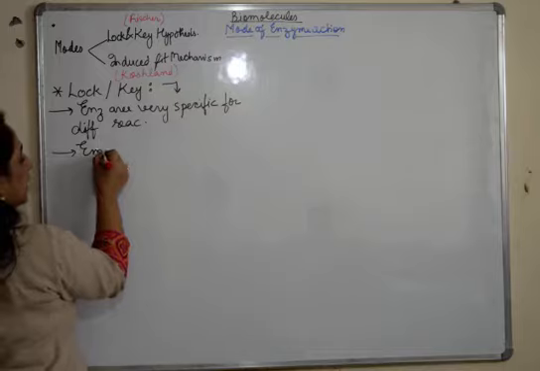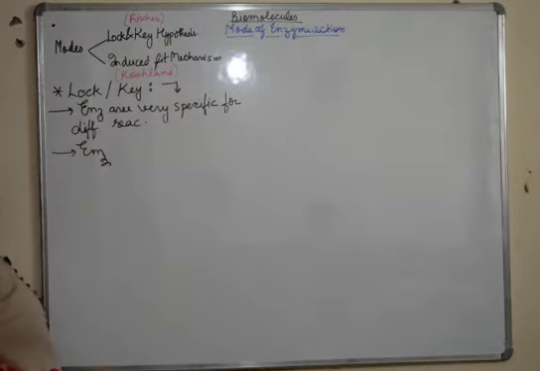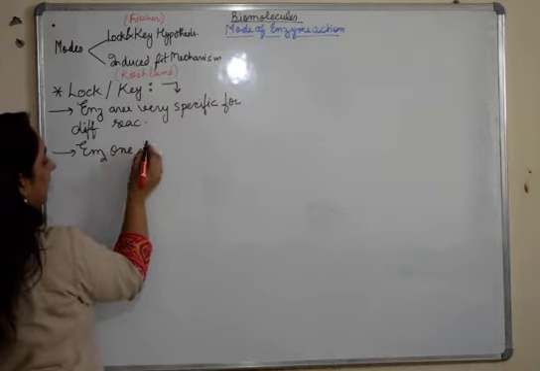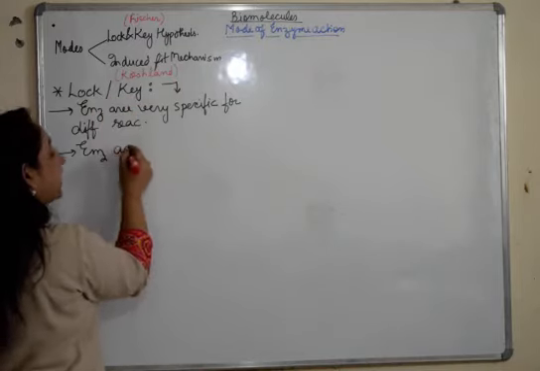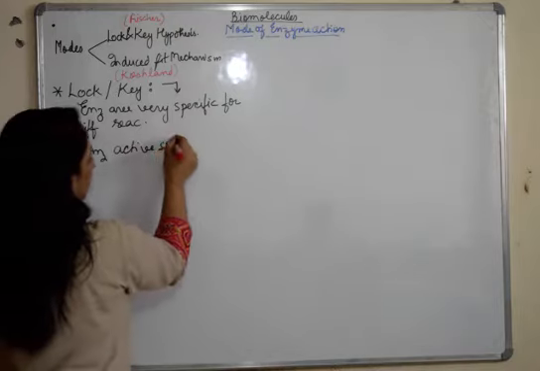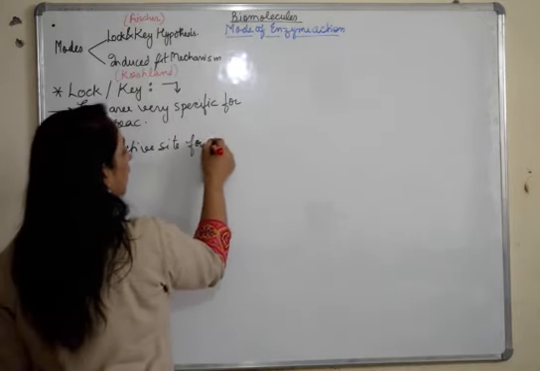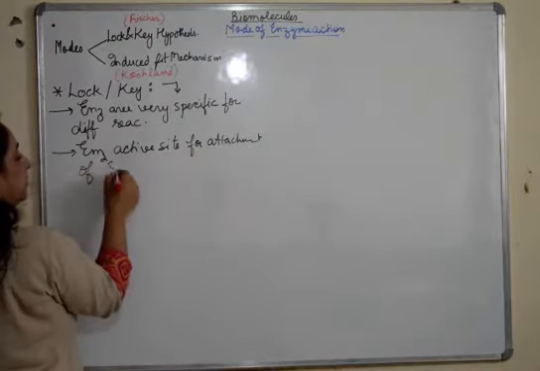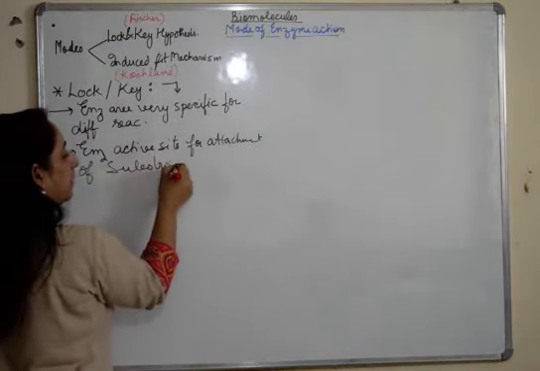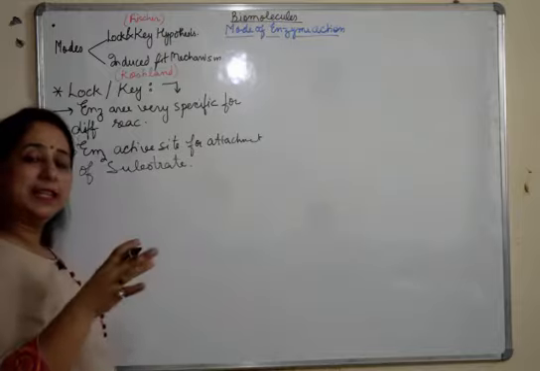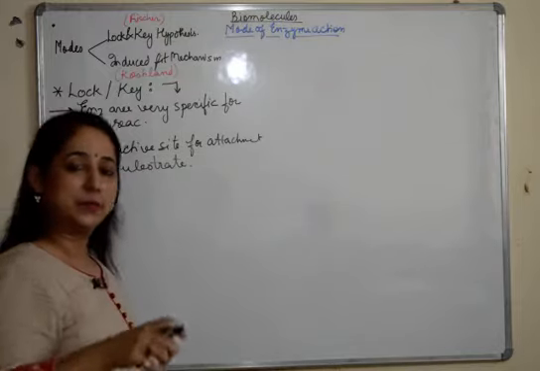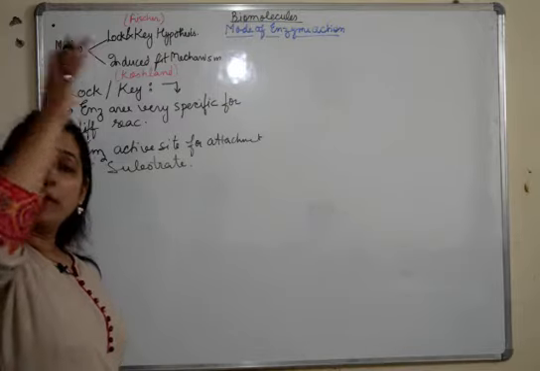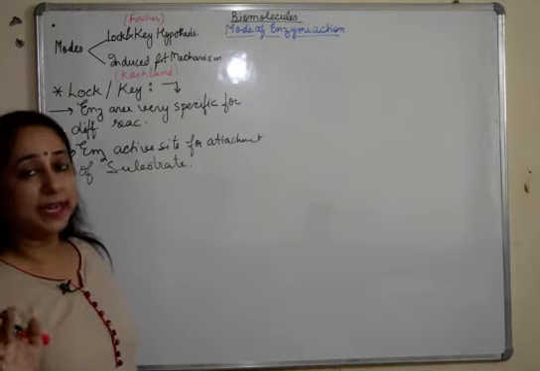Enzymes, according to this lock and key hypothesis, have active sites for attachment of substrate. Fine. So they have certain sites present on them wherein specific substrates can only get attached to it. Other than that, any other substrate, they will not get attached.